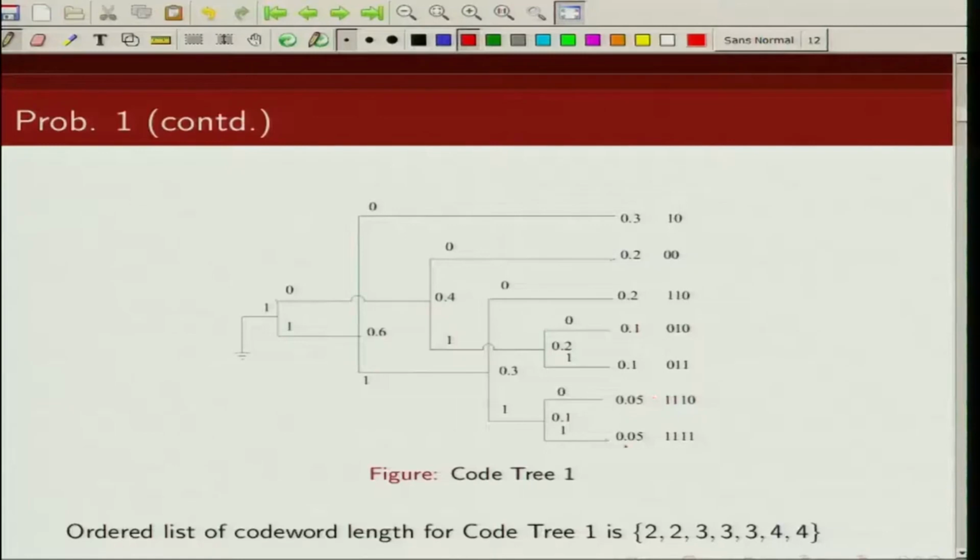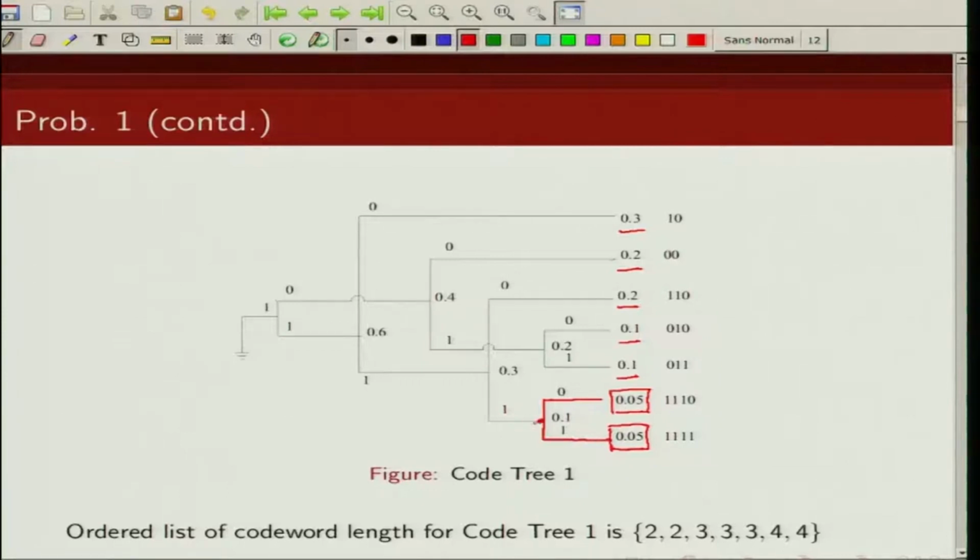In this example, these are the probabilities of the U_i: 0.05, 0.05, 0.1, 0.1, 0.2, 0.2 and 0.3. First we combine these two.